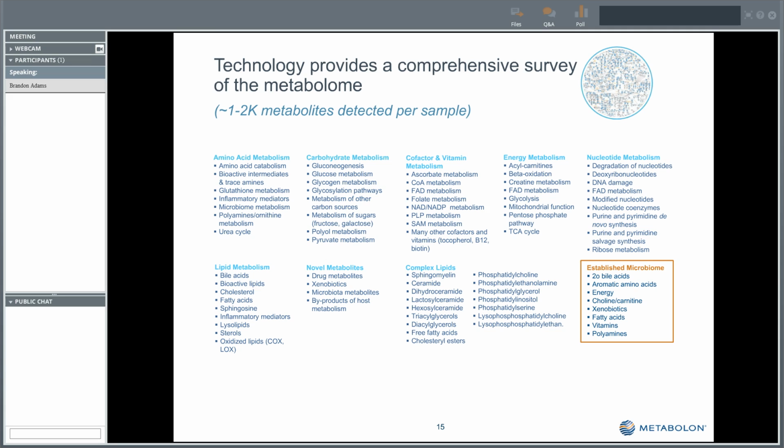In addition to those established microbiome metabolites, from one given sample, we can also provide information on amino acids, energy, lipid metabolism. So really, this unbiased global approach is really essential for us to understand how the host and microbiota interact with each other in order to result in a very specific trait or phenotype.